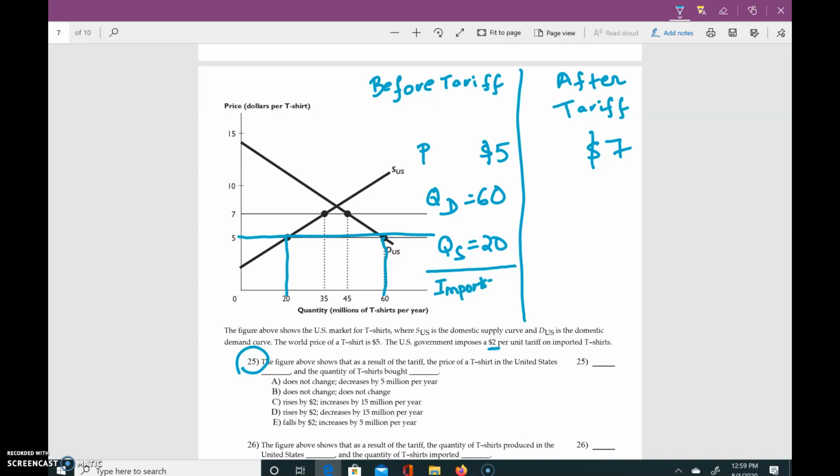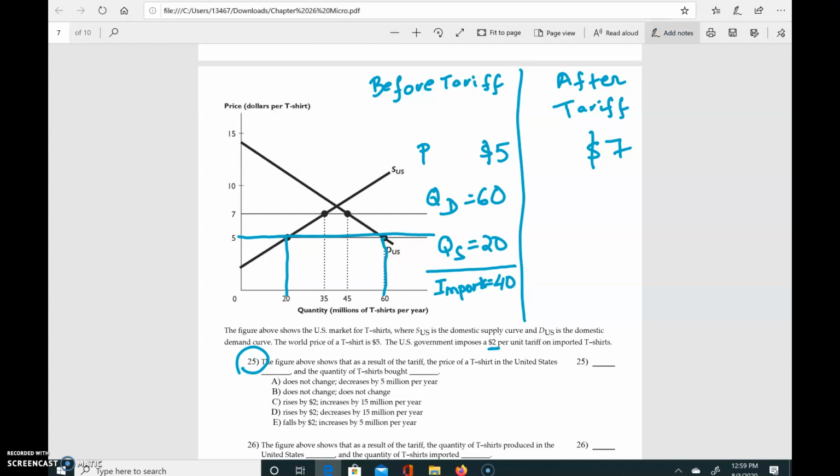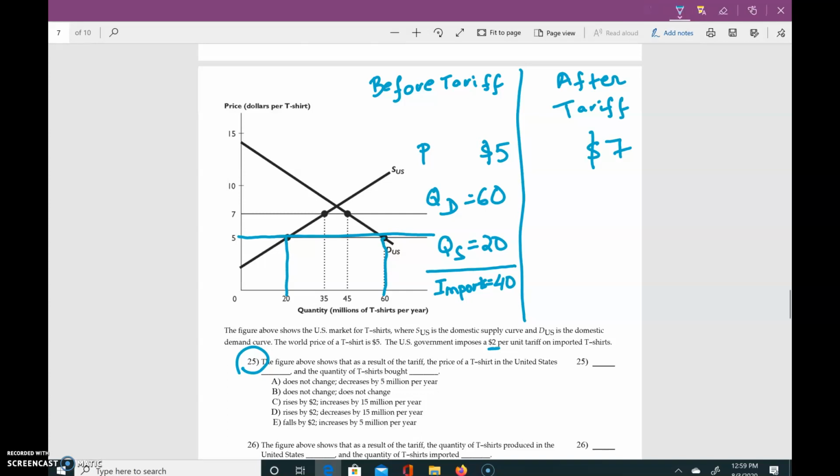So we had imports equal to 40, and after tariff the price has gone up from $5 to $7, and this $7 line is touching the supply curve and the demand curve again.